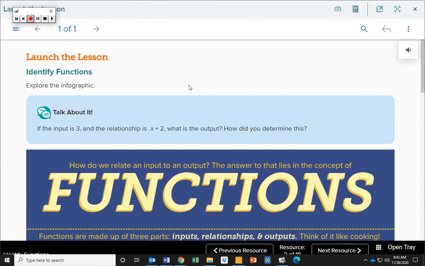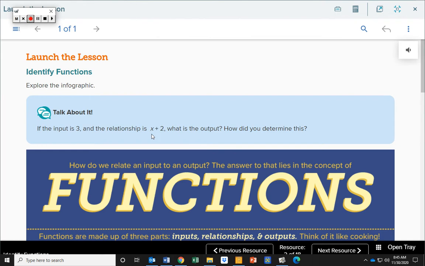So let me explain how this works. This says if the input is 3 and the relationship is x plus 2, what is the output? When I say it has an input and an output, this x plus 2 is the function. Say I have this machine with x plus 2 on the outside of it. That means whatever I put in represents the x, and whatever it puts out represents the answer.